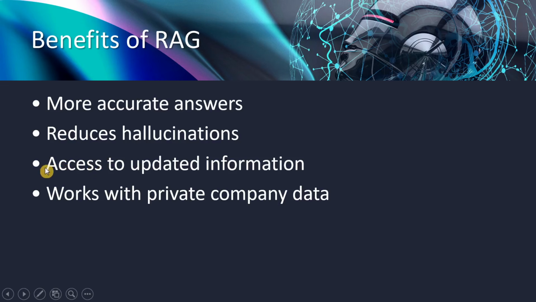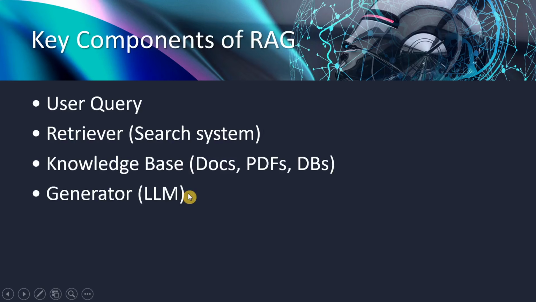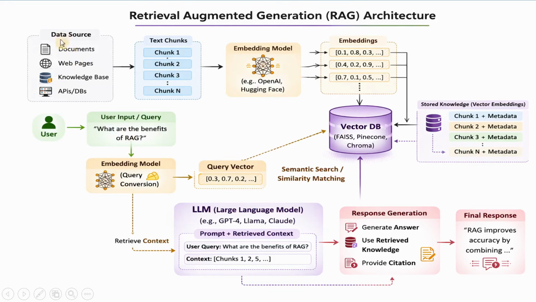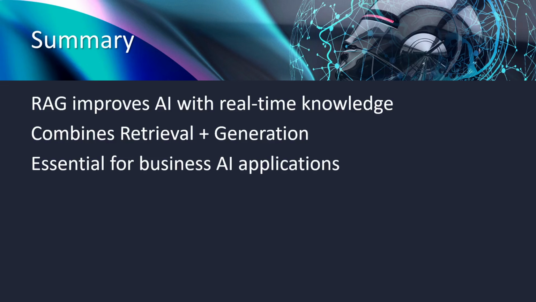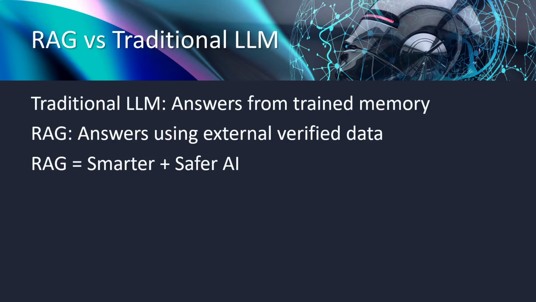Then with the implementation of RAG, we can give the LLM access to the internal database, and then it will be able to fetch the latest information for the user. Work with private company data, this is the source of information, okay. So these are the data sources, right? Might be the company's proprietary private data basically.